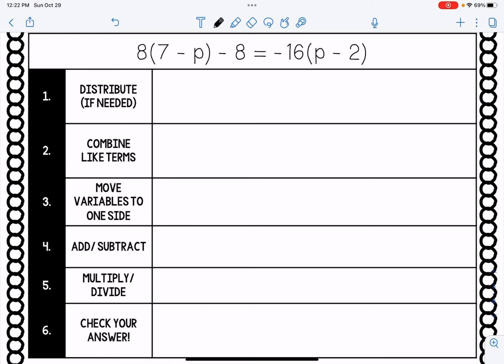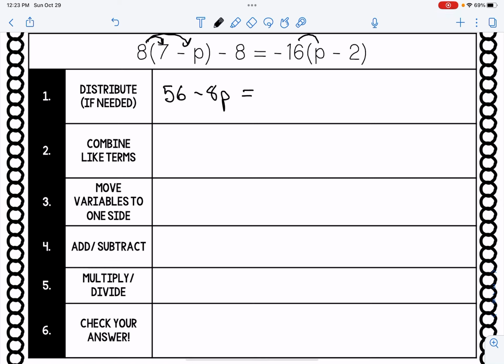So what my equation will look like after I distribute, well, we have to do that. So 8 times 7 is 56, and 8 times negative p is just negative 8p. So minuses are the same as negatives, so that negative 8p just turned into minus 8p here.